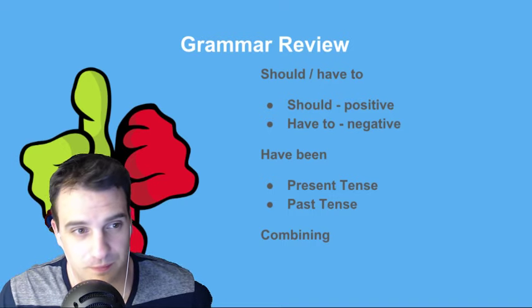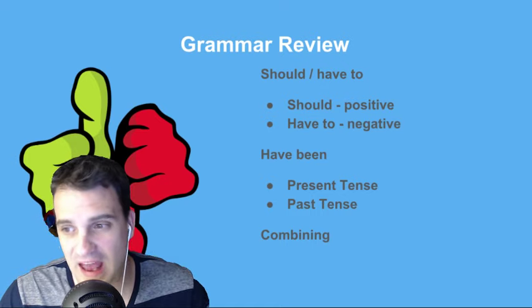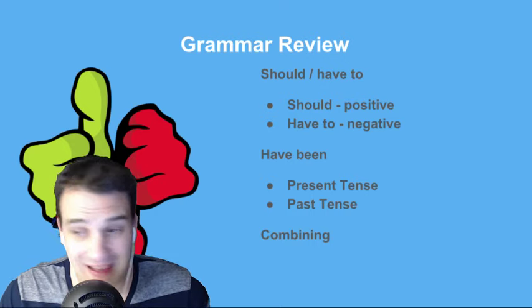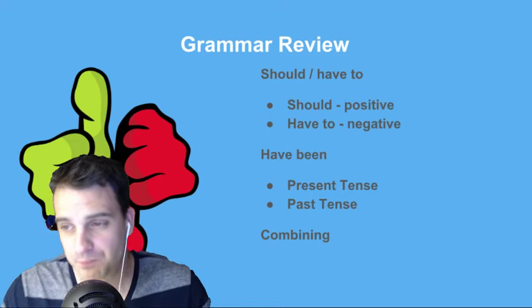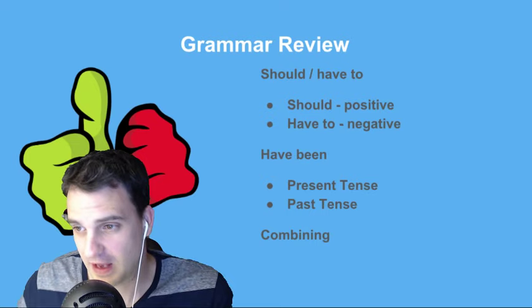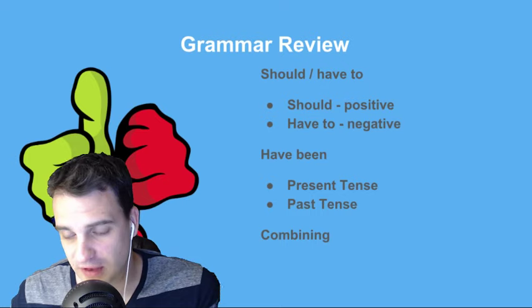So, the past tense, have been. I have been swimming every weekend lately, but last year I had been swimming every weekend until something happened. In this sentence, you need to say why you stopped.